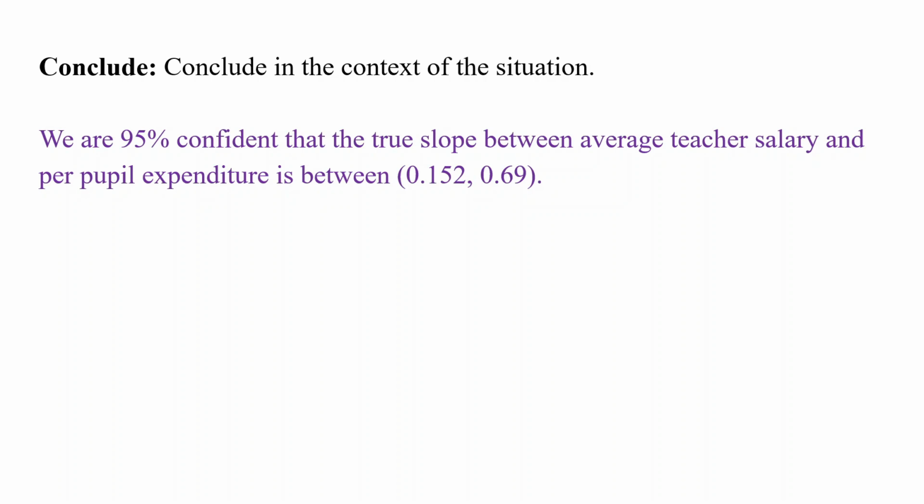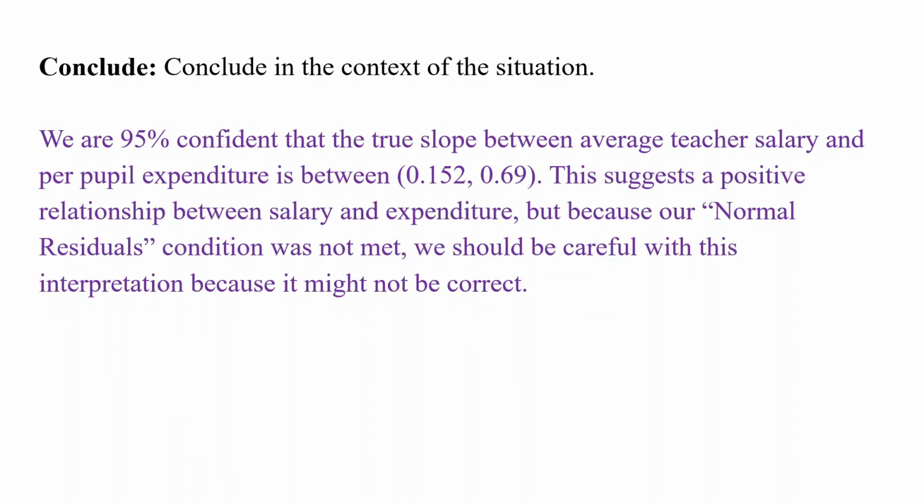So those values represent the slope. Okay. This suggests a positive relationship, because remember the question asked us what kind of relationship this interval suggested. This suggests a positive relationship because our interval is positive. Okay? It covers positive slope values, so it suggests a positive relationship.